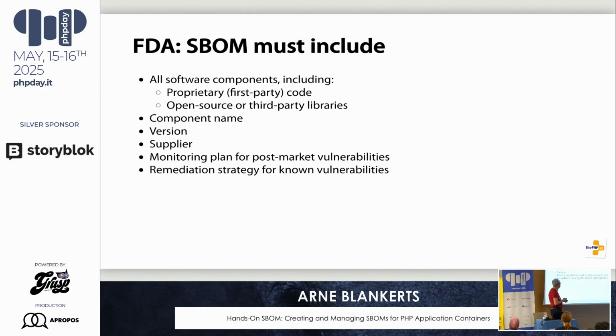So you actually have to specify any open source or third-party libraries independently from what is actually your code. And they want to have additional plans. Okay, how do you deal with certain vulnerabilities or problems, and what's the process to contact you in case there's a problem and things like that. That all can be documented using an SBOM.